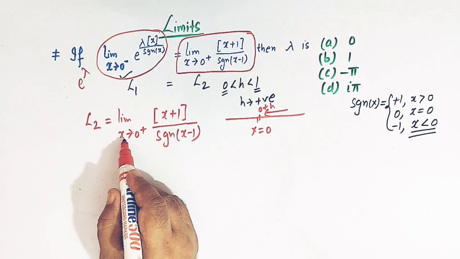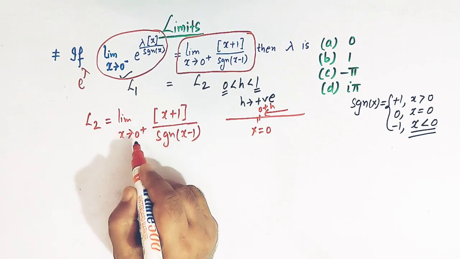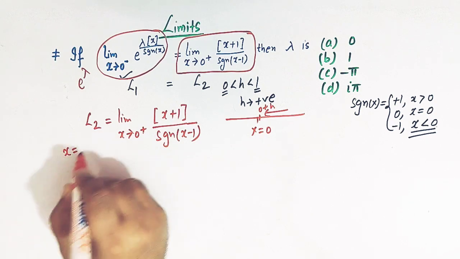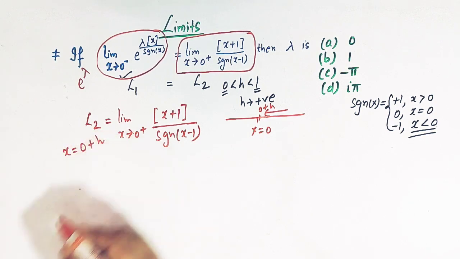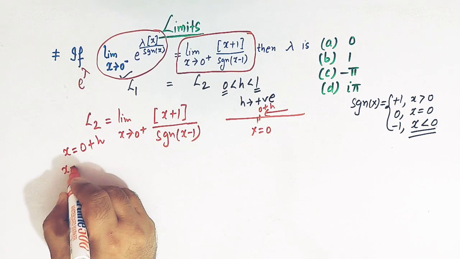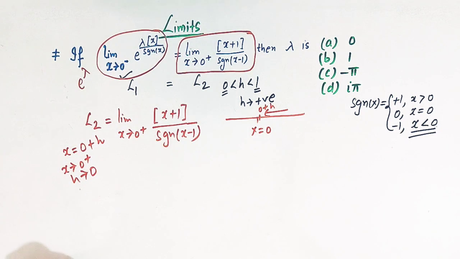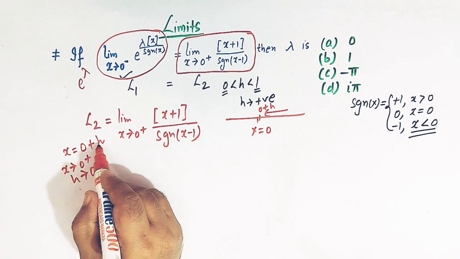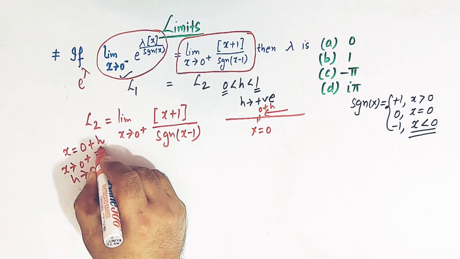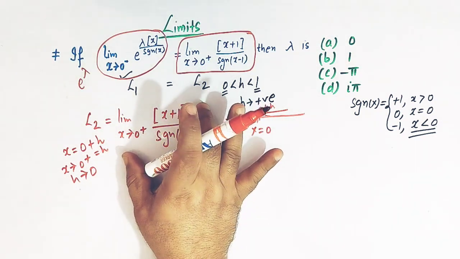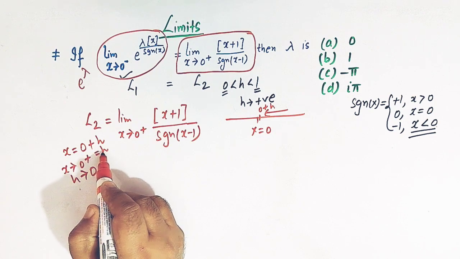When we find the right hand limit, we put x equal to 0 plus h, and when x tends to 0 positive, h tends to 0. So we take x equal to 0 plus h, which is simply h.